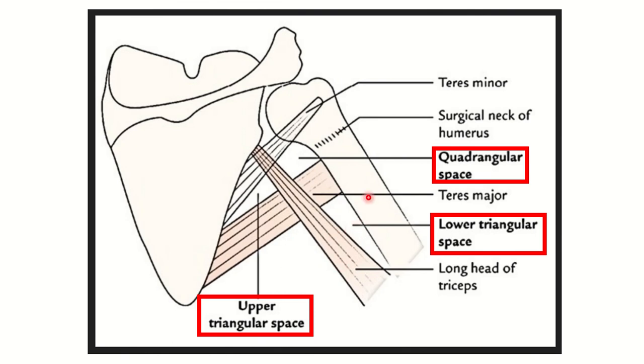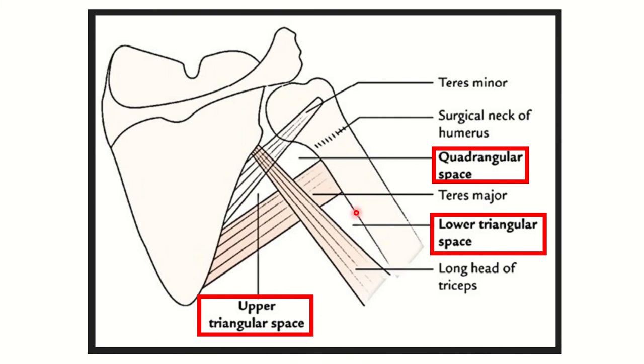In both cases the medial and lateral boundaries are the same: medially the long head of the triceps, and laterally the shaft of the humerus.